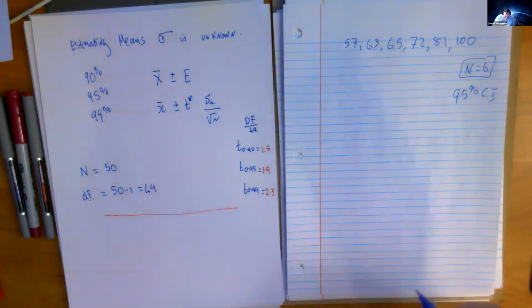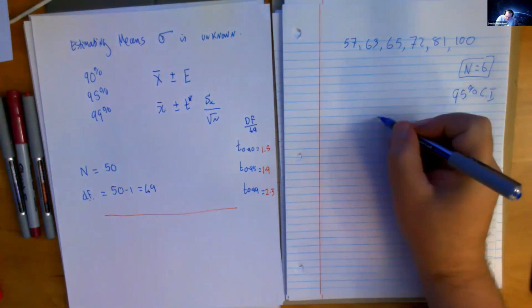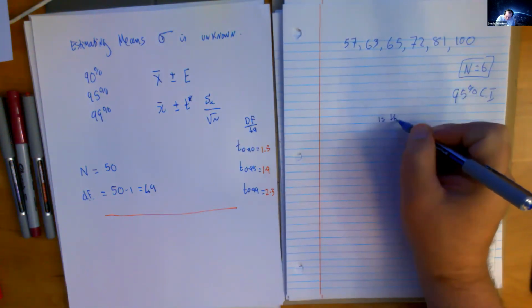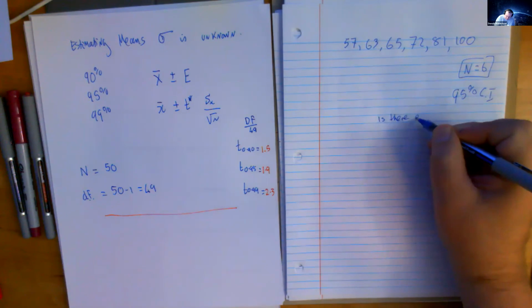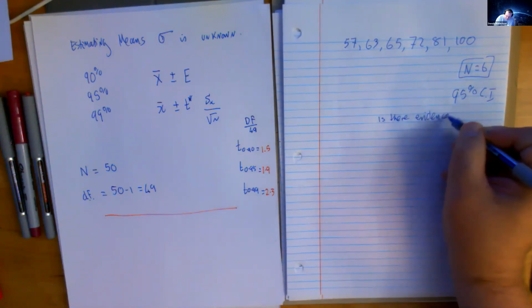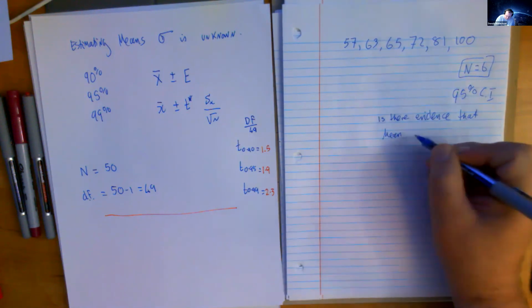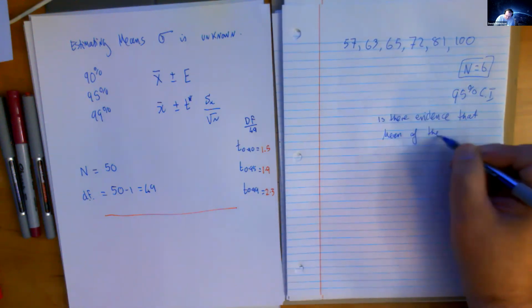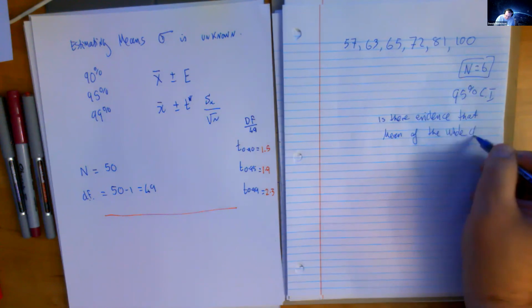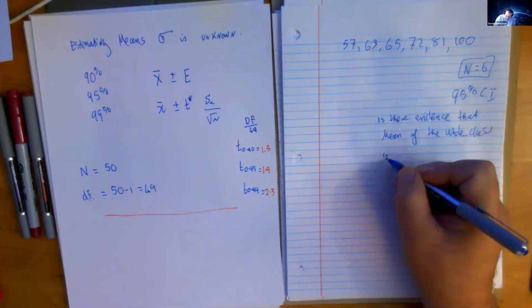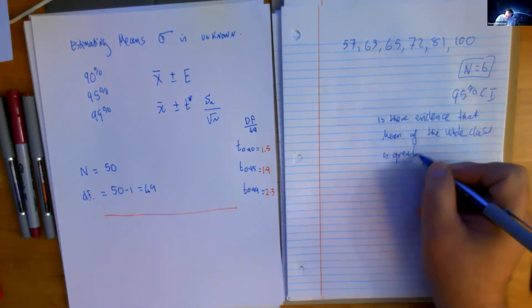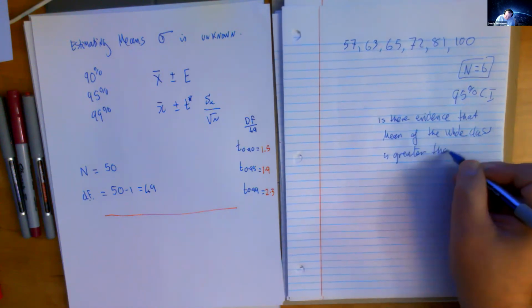And let's pretend, before I even did this, that he wanted to know the answer to this question: is there evidence that the mean of the whole class is greater than 40?